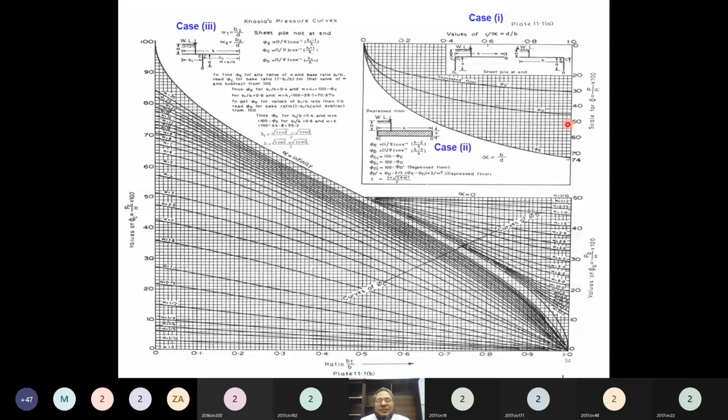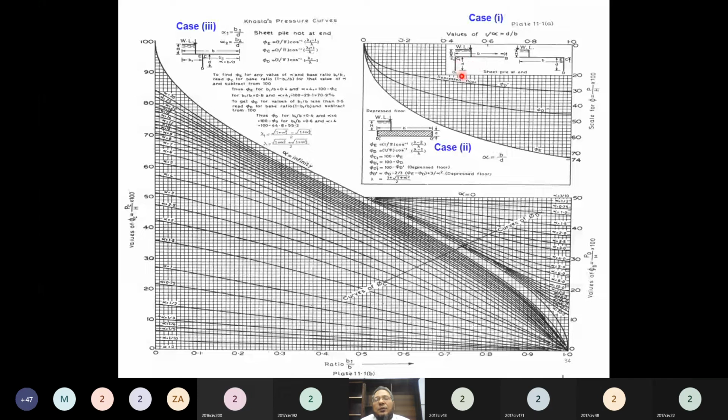Now for simplicity, Khosla has plotted curves for all these three cases. By just seeing these curves, you can very quickly compute the uplift pressures. For example, this is the case 1.